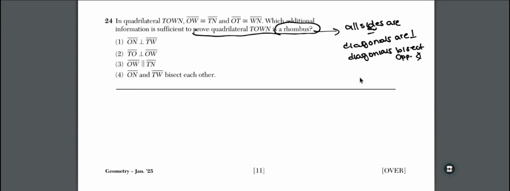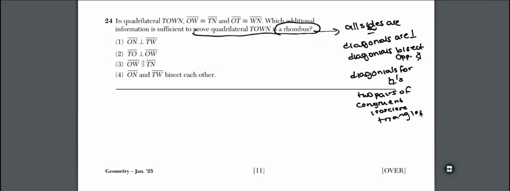We have diagonals form congruent right angles. And we have they form two pairs of congruent isosceles triangles. That was a bad spelling.